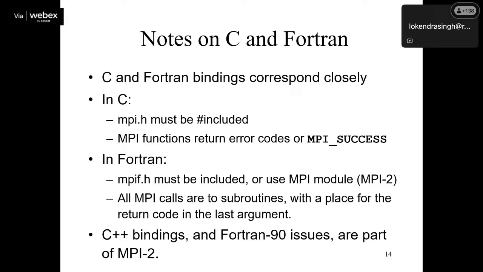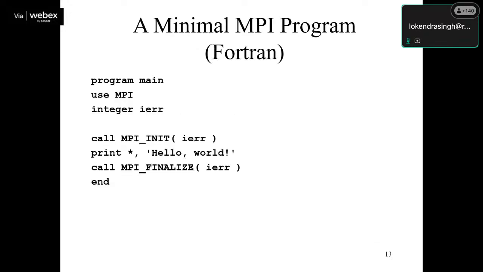So C and Fortran bindings correspond closely. There's no difference because both C and Fortran are sequential programs. So the main thing is what you have to add in your sequential code.